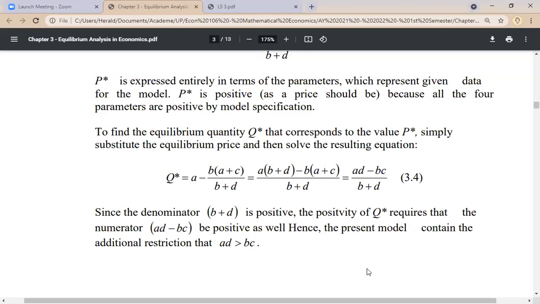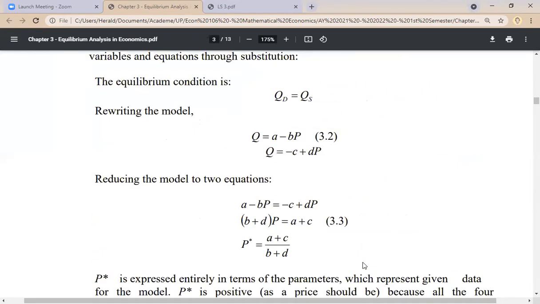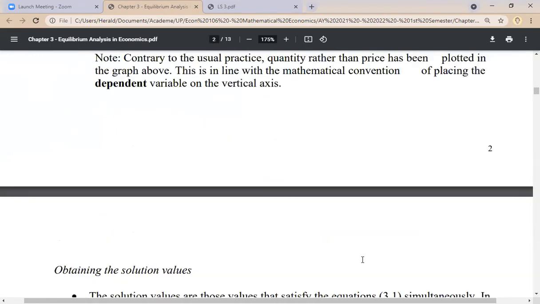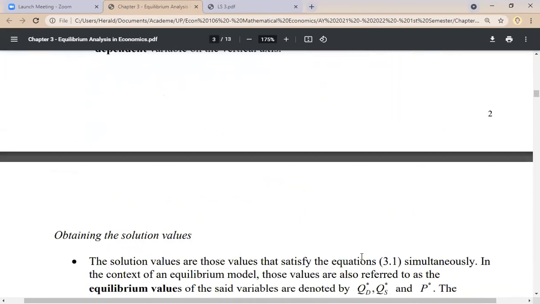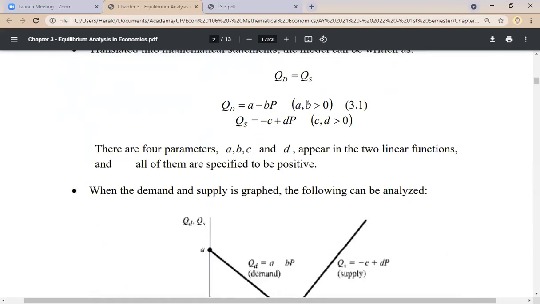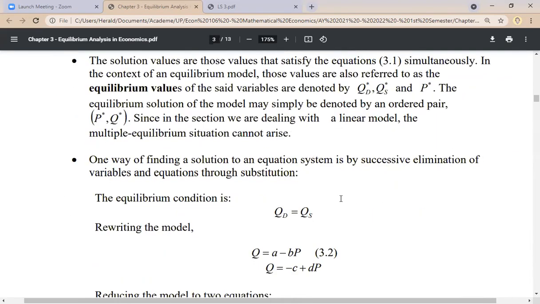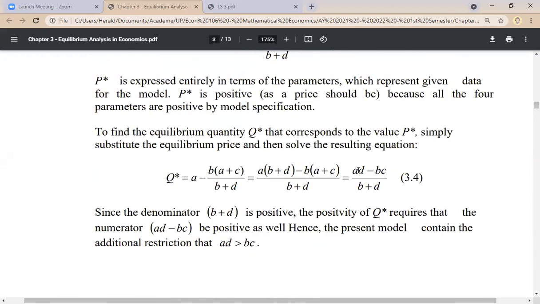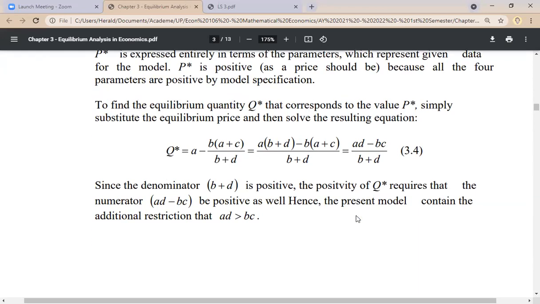So please take note of the restrictions. Aside from needing positive values, we restrict these parameters to be positive. Then it should be noted that the numerator would be positive if and only if AD is greater than BC here. And aside from that, the denominator would also be positive.